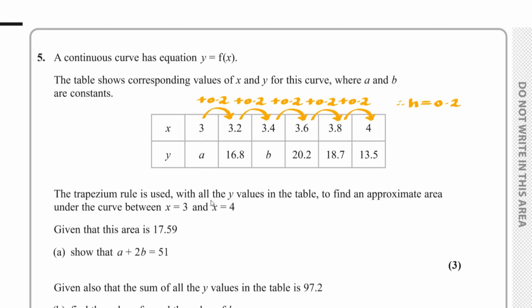And let's label our y values. y0 is a, y1 is 16.8, y2 is b, y3 is 20.2, y4 is 18.7, and y5 is 13.5. So what we can now do is use the trapezium rule to find out what a is and what b is.